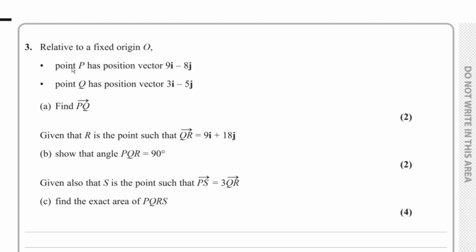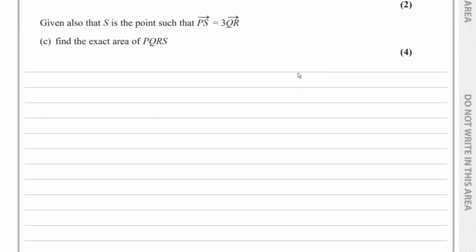Question 3. Relative to a fixed origin O, point P has position vector 9i subtract 8j, point Q has position vector 3i subtract 5j. Part A, find the vector PQ. The vector PQ is equal to the vector OQ subtract OP.